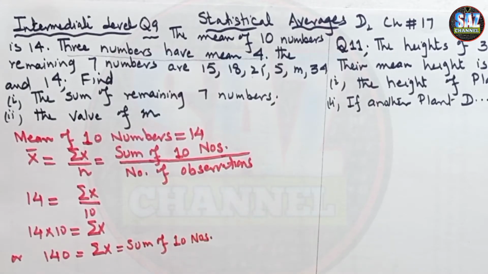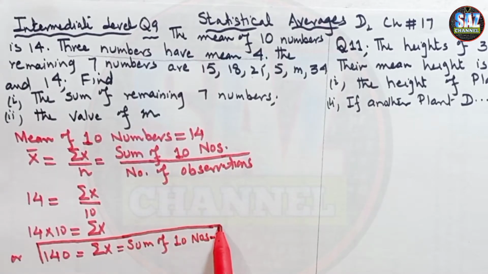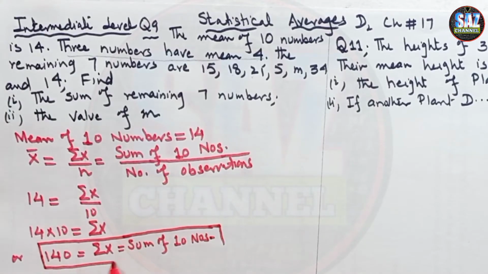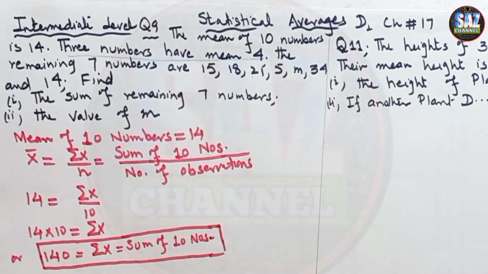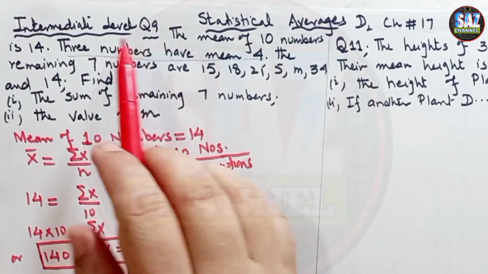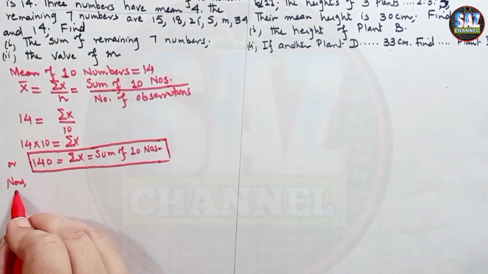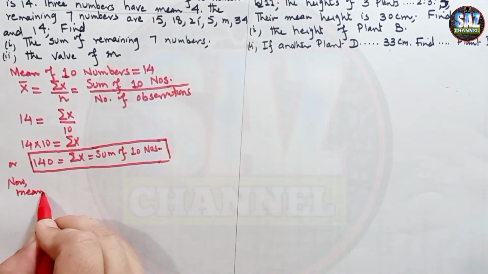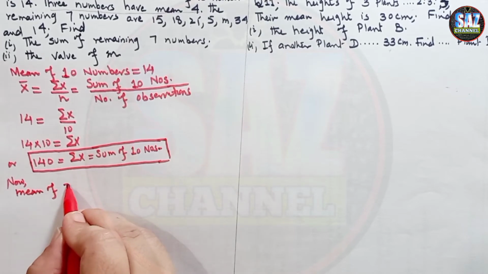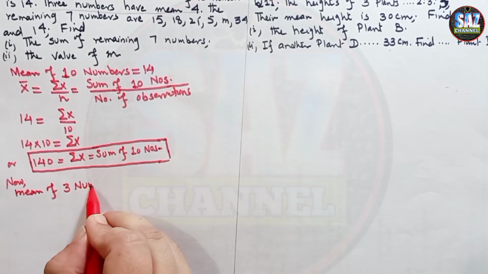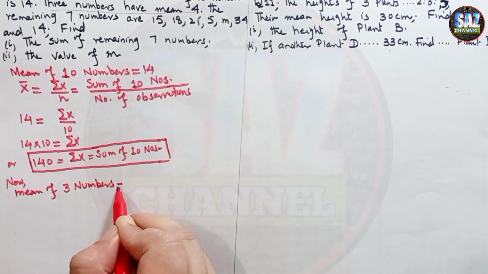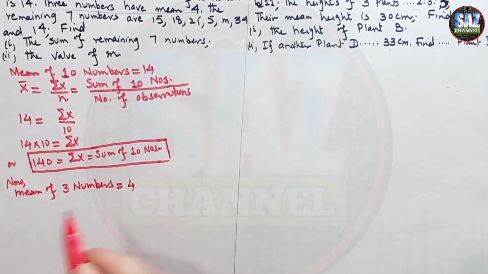Let me block this answer so that my students can see it properly. Now the question says the mean of 3 numbers is 4.